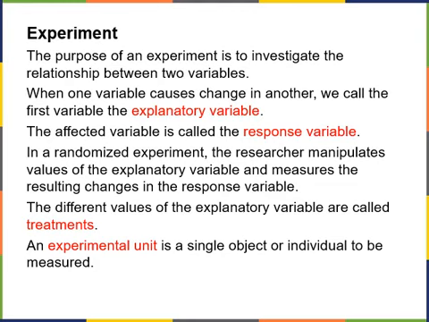So in a randomized experiment, the researcher manipulates values of the explanatory variable and measures the resulting changes in the response variable. The different values of the explanatory variable are called treatments, and an experimental unit is a single object or individual to be measured.